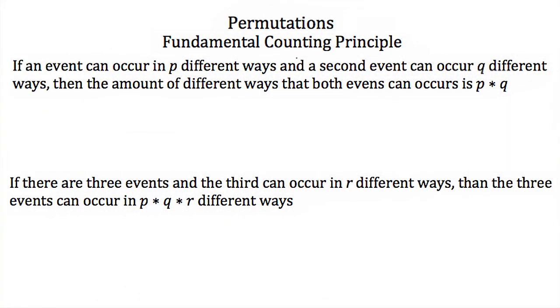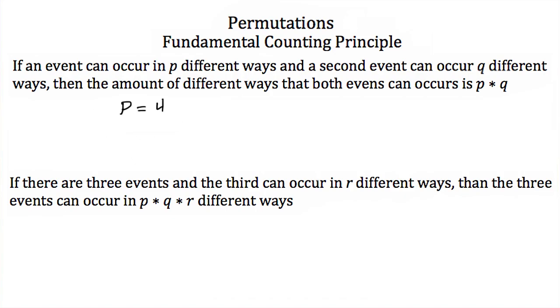The fundamental counting principle states that if an event can occur in P different ways and a second event can occur in Q different ways, then the amount of different ways that both events can occur is just P times Q. Well, our first event is the choice that Dana makes on what type of car she wants. She's got 4 different options when she makes that choice, so P is 4.